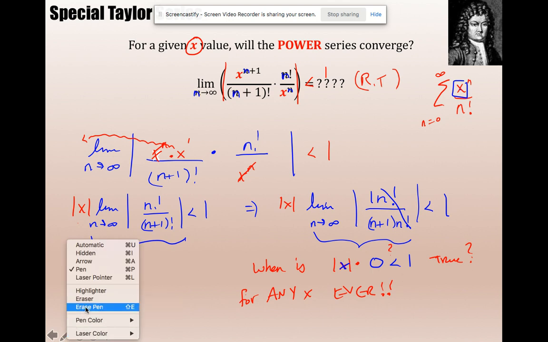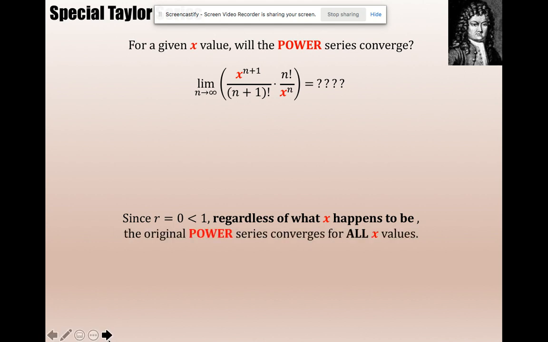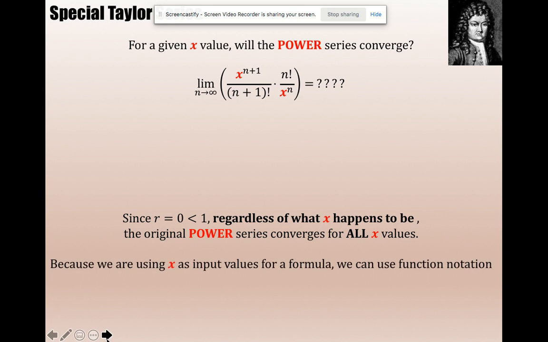And remember, you will love convergent numeric series. From the ratio test, that R, which I like to call capital R, will always be equal to 0, which is always less than 1, regardless of what x happens to be. The original power series will converge no matter what x you put in, and you don't have to run another test on it.